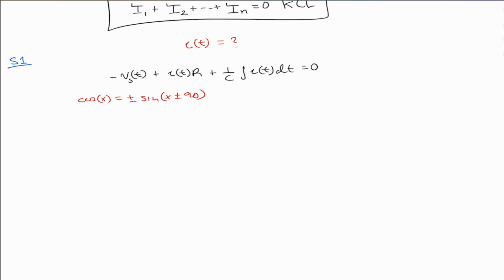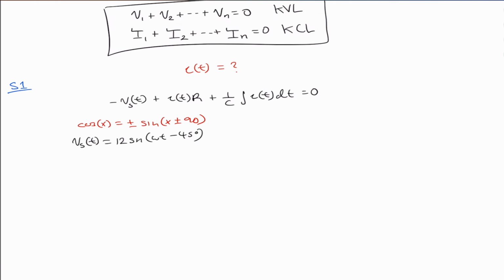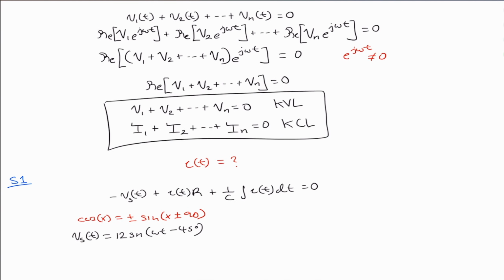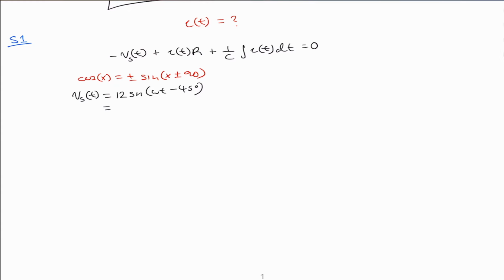So then we can transform Vs of t, which is equal to 12 sine of omega t minus 45, which is equal to 12 cosine of omega t, and minus 45 minus 90, we get minus 135, and that's in volts. So we have transformed our source voltage into a positive cosine.